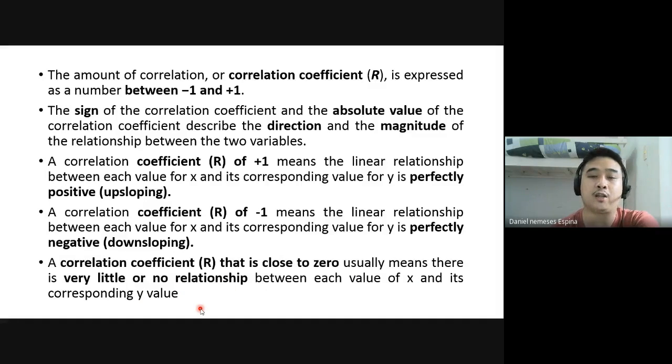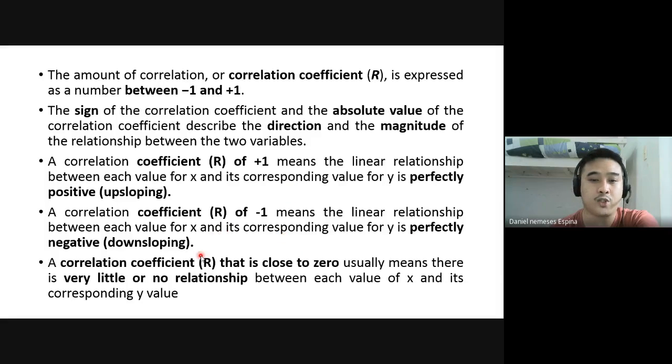So you cannot use the values of x to predict the values of y because they don't have a relationship. Okay? So of course, the higher the correlation or the nearer to 1, whether it's positive or negative, the higher nga pwede ka mag-rely sa values of x to determine the values of y, the dependent variable.